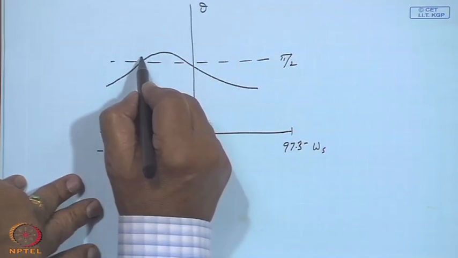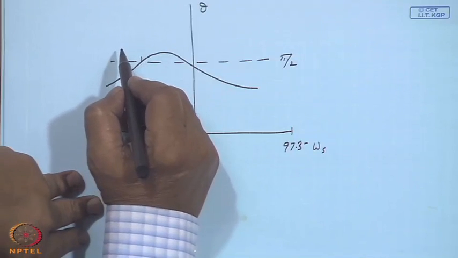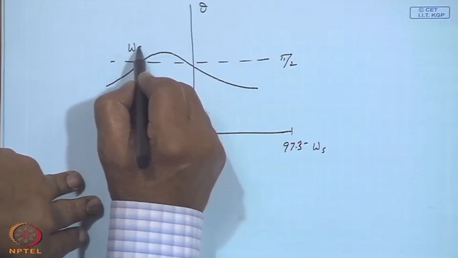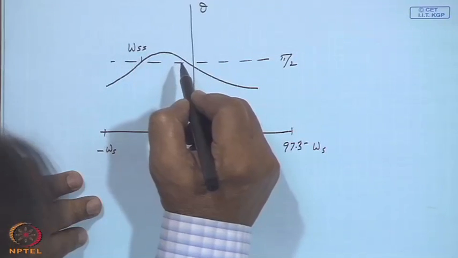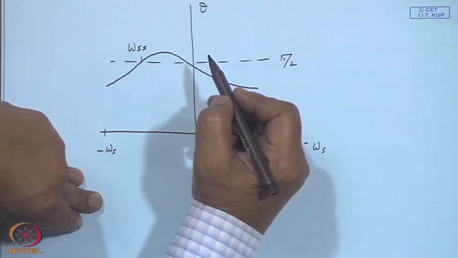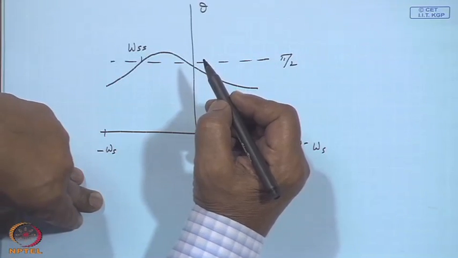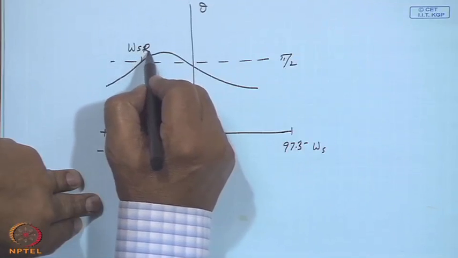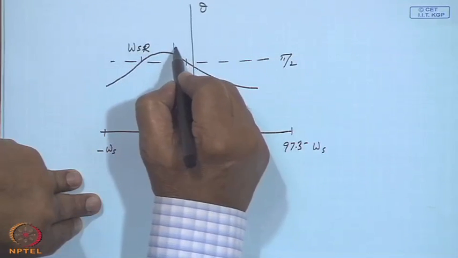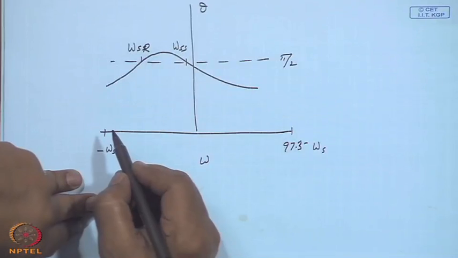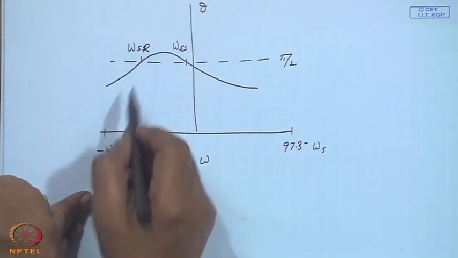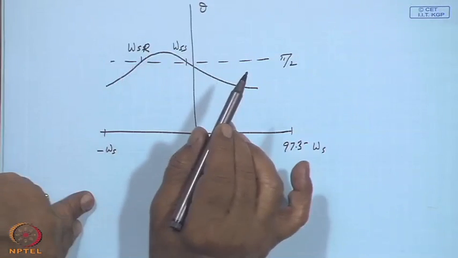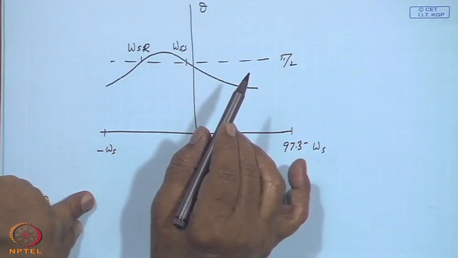So, this is your omega SS and this is omega SR, which is minus 31. So, omega SR is greater than omega SS because of the negative sign.